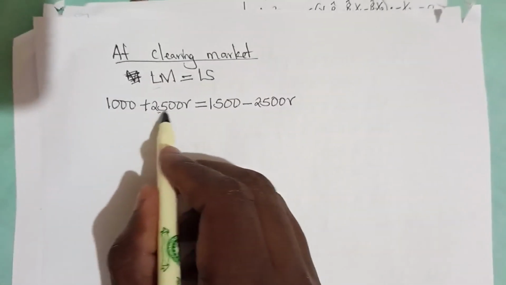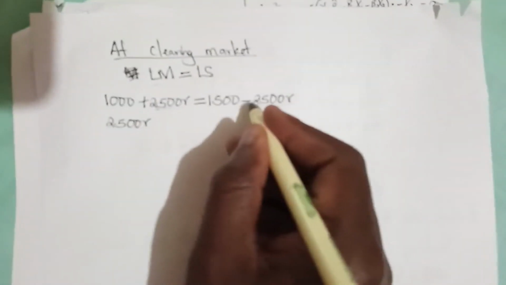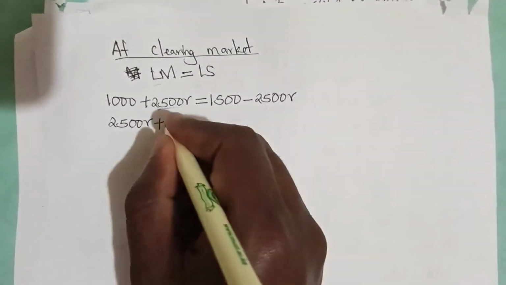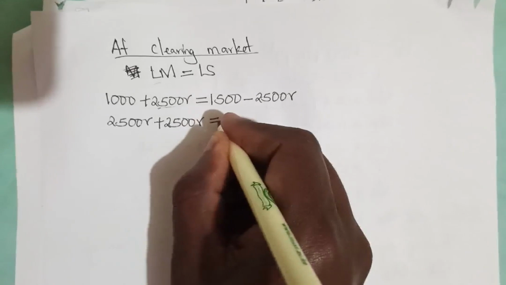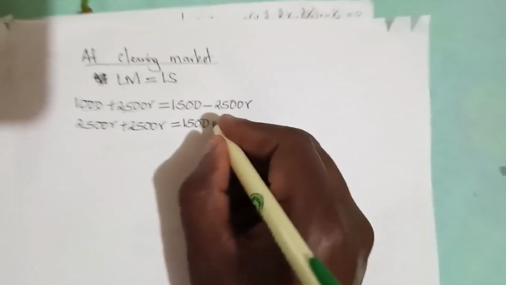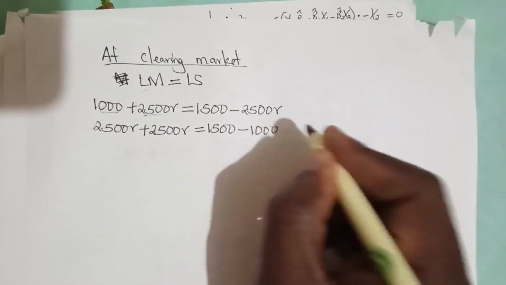Let's remain with R on this side so that we'll have 2500 R. You take this to the other side, the sign changes to addition. So 2500 R plus 2500 R is equal to 1500. Take this 1000 to the other side, the sign changes to minus 1000.